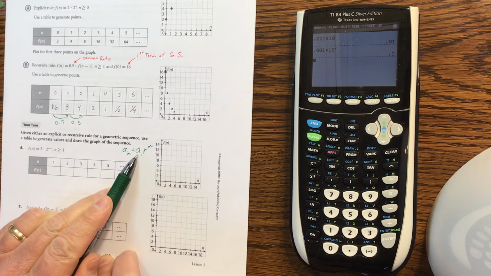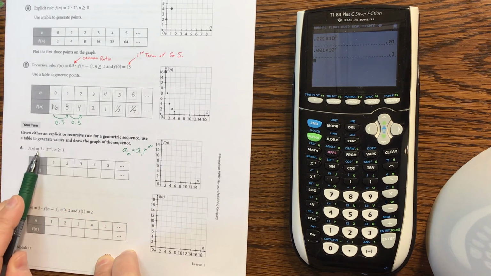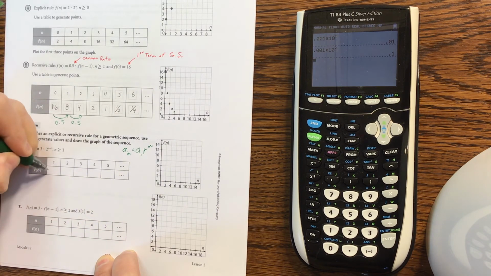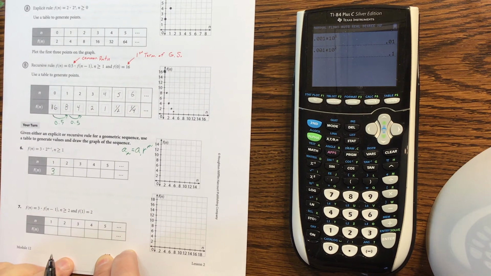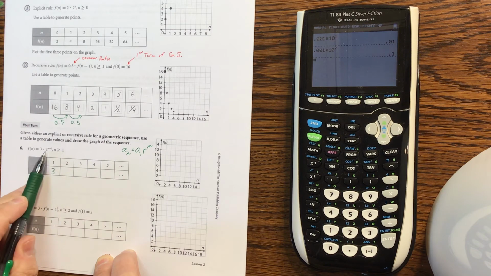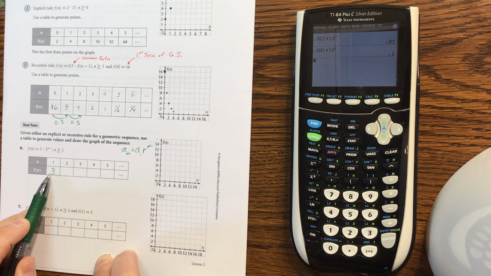Well, I see my first term of our sequence is going to be 3. So I know this is going to be my first term of the sequence. You can check that by letting n become 1. So n minus 1, 1 minus 1 is 0, and 2 to the 0 is 1, and 1 times 3 is 3. Okay, we don't even have to worry about this anymore.